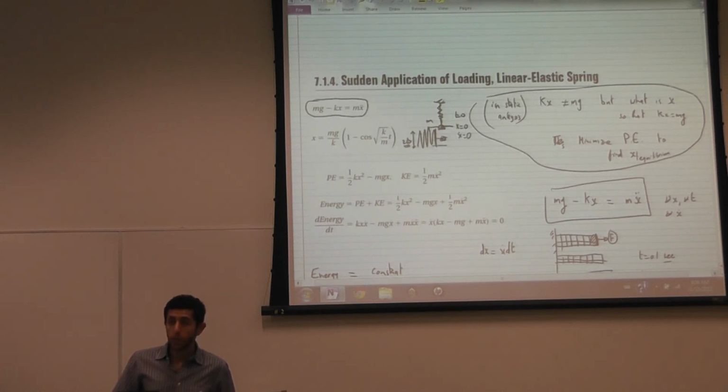if the equilibrium position is delta, then what is the dynamic factor? The force in the spring is actually double the static equilibrium. So in the worst case scenario, when I drop the weight fully from the initial position to 0, the maximum dynamic factor is 2. Now, if you have an initial velocity, that too might increase, but here you're assuming you don't have one.